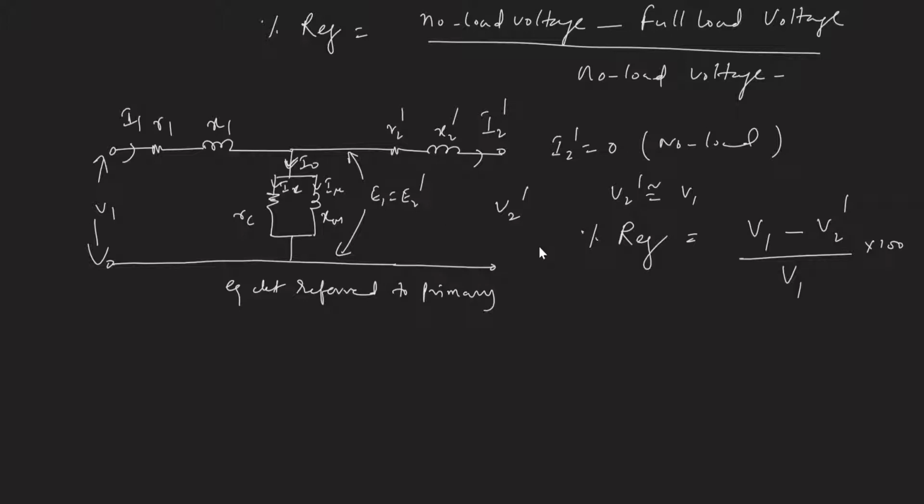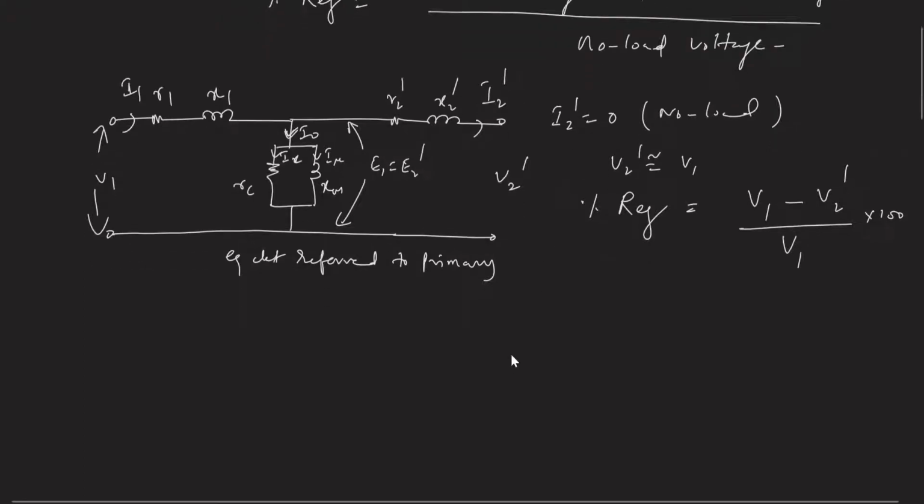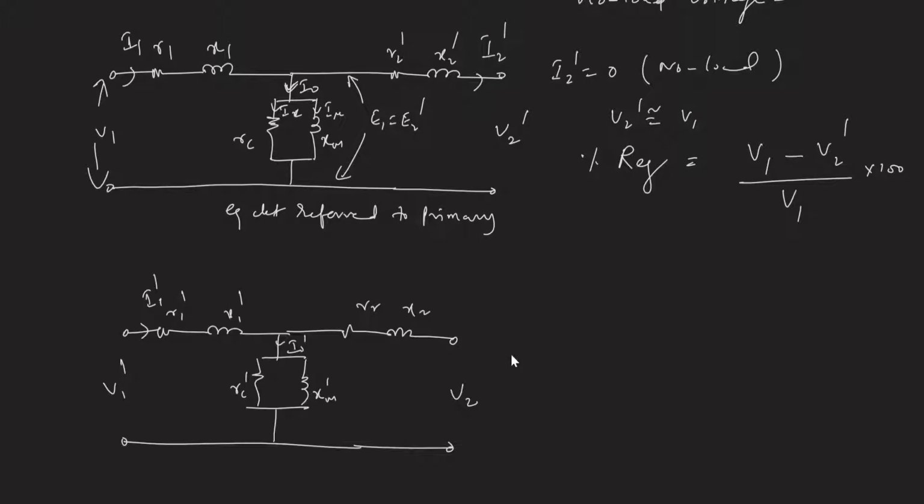Okay, similarly if I represent the circuit on the secondary side, the percentage regulation under no load condition will be V1 dash, and under full load condition it will be V2, so V1 dash minus V2 divided by V1 dash, right?